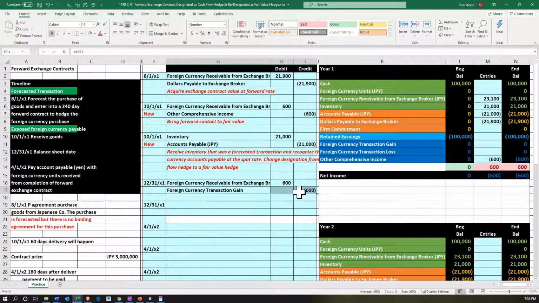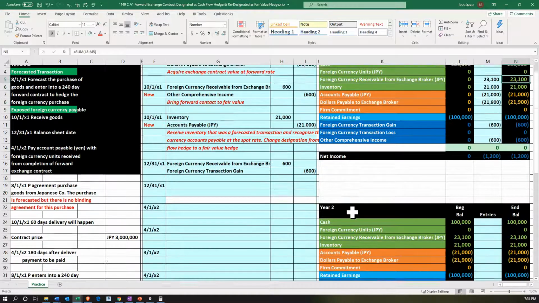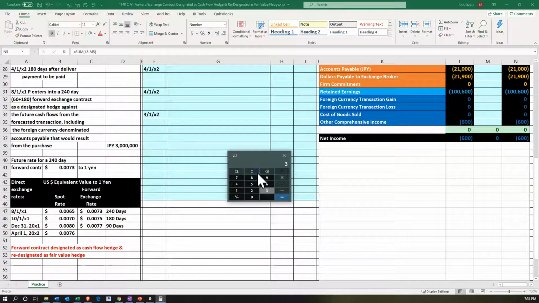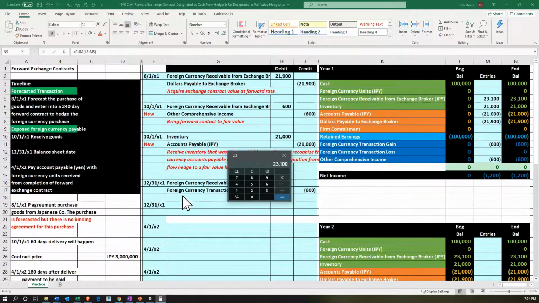Then we have the gain. We're going to go down to the gain below in the income statement. This is going to be equal to the 600 on the gain side of things. And then we currently have in the receivable the 23,100, which again is calculated as the 3 million times the current forward rate 0.0077. So that was the 23.1 that we needed to be at here.